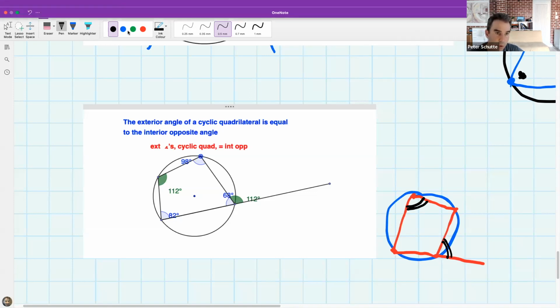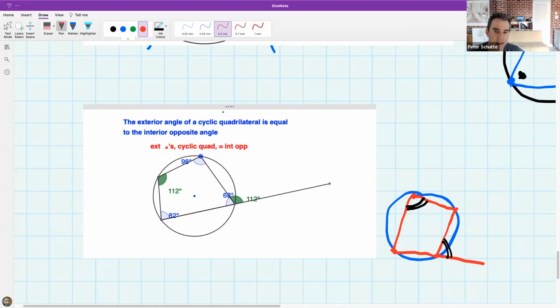And what's more, I could even make an exterior angle on this side. And then that one would be equal to this one over here. And this is called the exterior angle theorem.